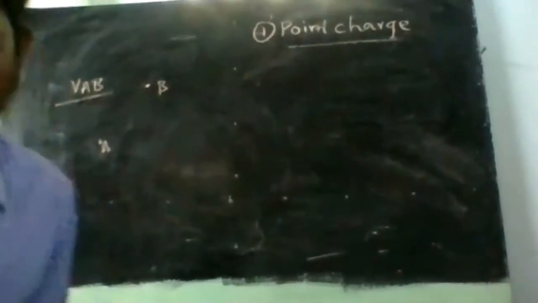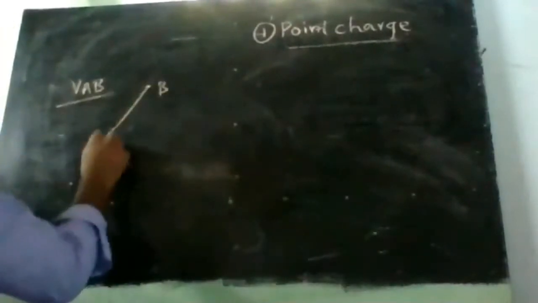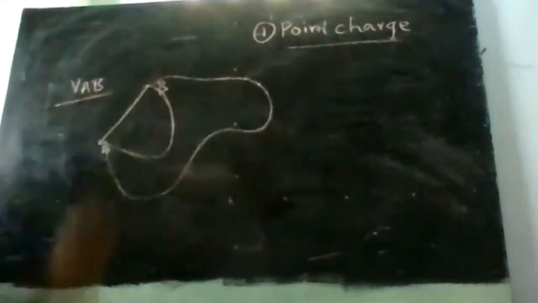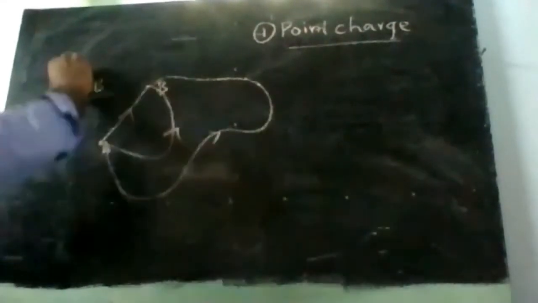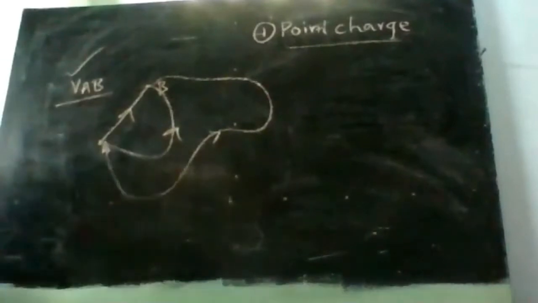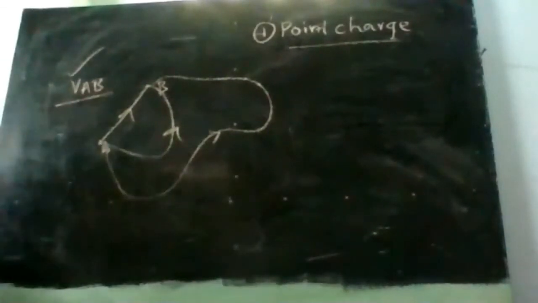Whatever may be the path, if I move this charge like this, or like this, or something like this, in each case the work done will be the same and the potential will be the same. Remember this clearly. We can do some problems also and verify by ourselves, but this is a very important property.